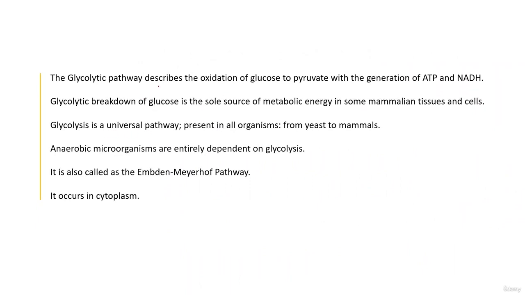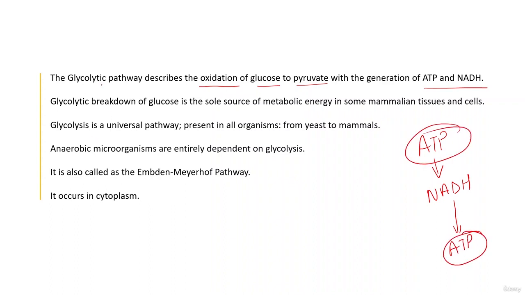It is described as the oxidation of glucose to pyruvate with the generation of ATP and NADH. This whole process produces ATP along with other products like NADH, which can be later used to produce even more ATPs.